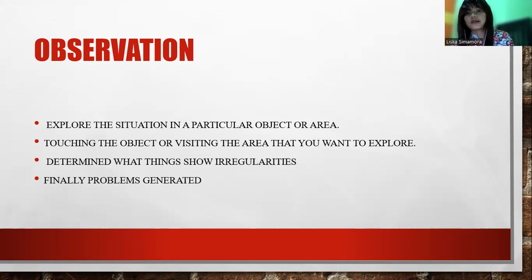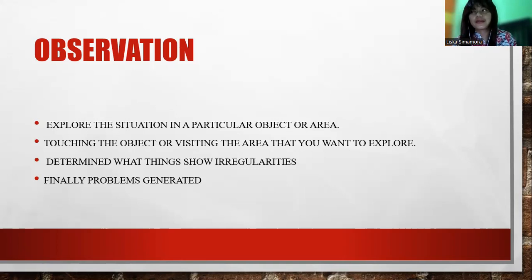Or maybe in some areas, it could be the atmosphere, or the soil quality, and also climate changes or something like that. So we can see, we can feel, we can experience something that is irregular.